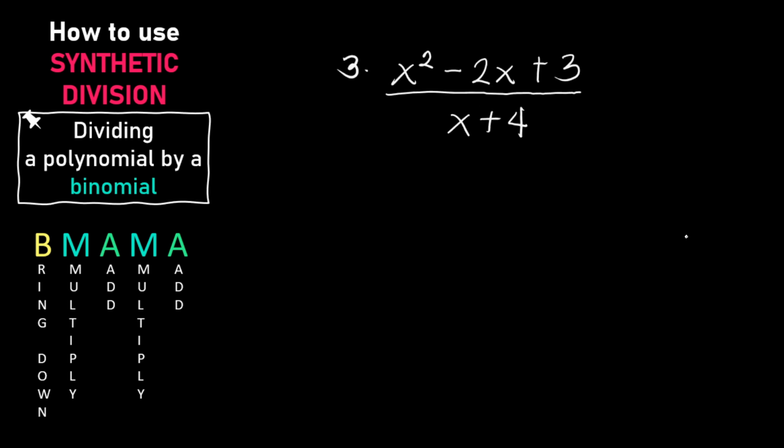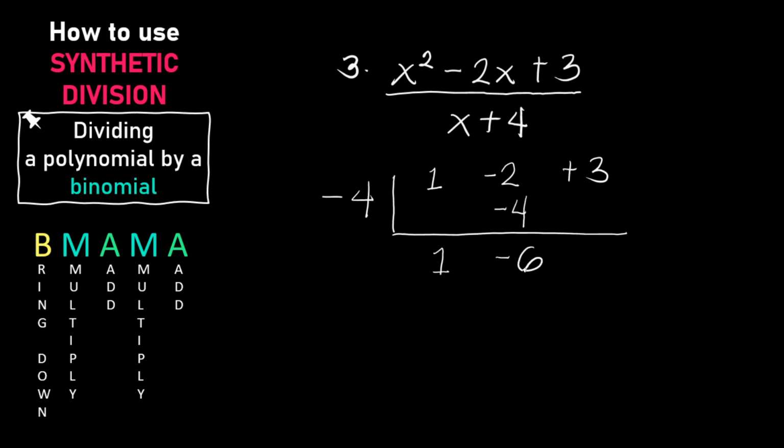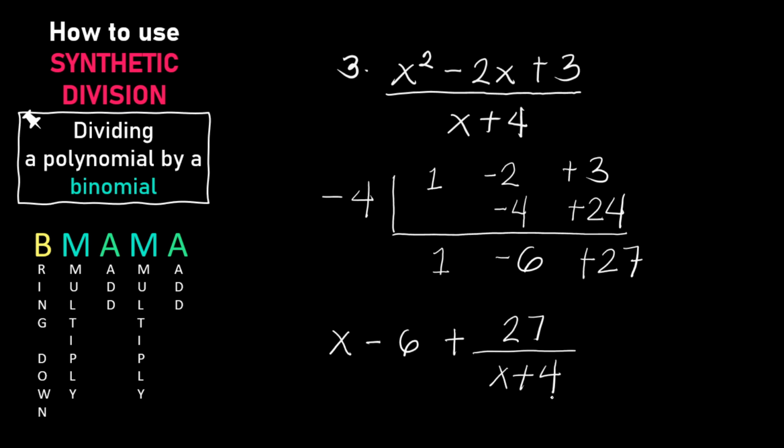For our last example, x squared minus 2x plus 3 divided by x plus 4. In synthetic division, it will be, and by the use of B mama, we will have, thus, the answer for the last example is, knowing that the highest degree term of our dividend is raised to 2, so our highest degree term in our quotient is raised to 1.